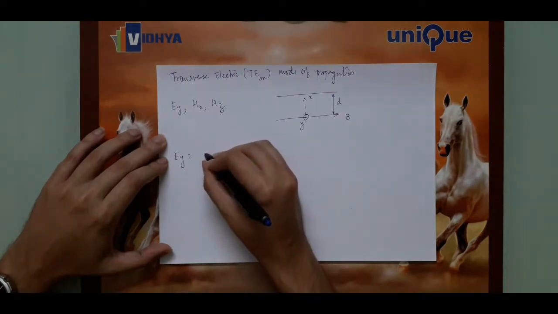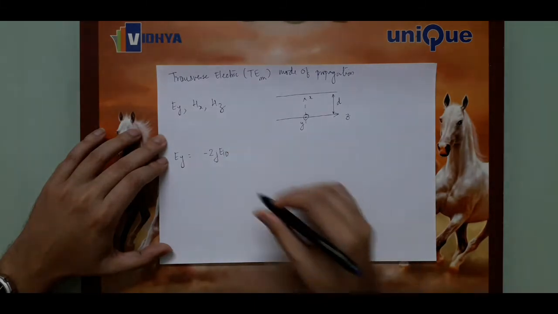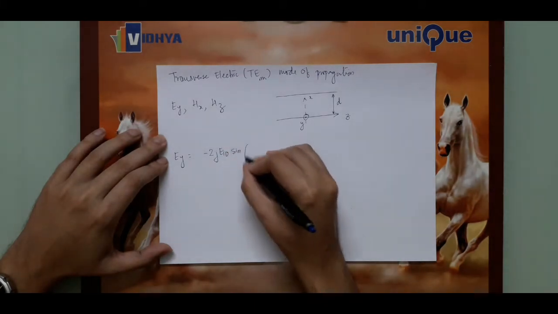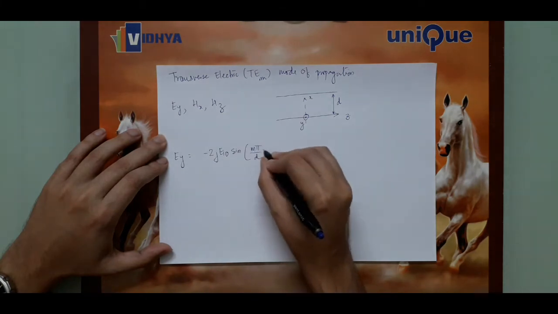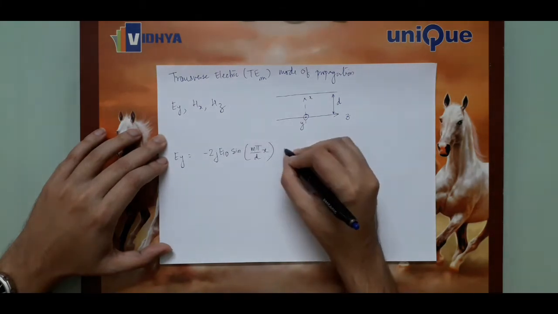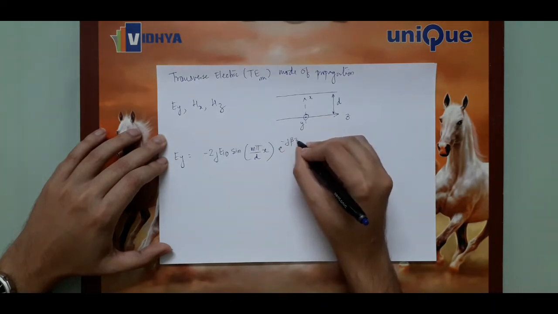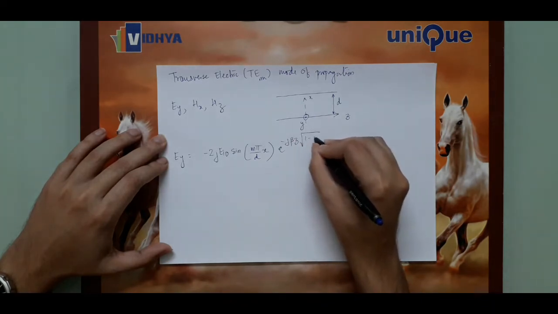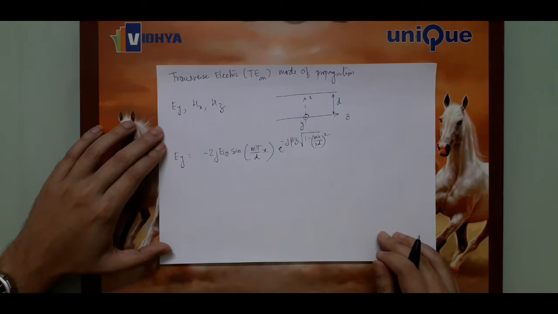Let's just write them again. This is the Ey component.